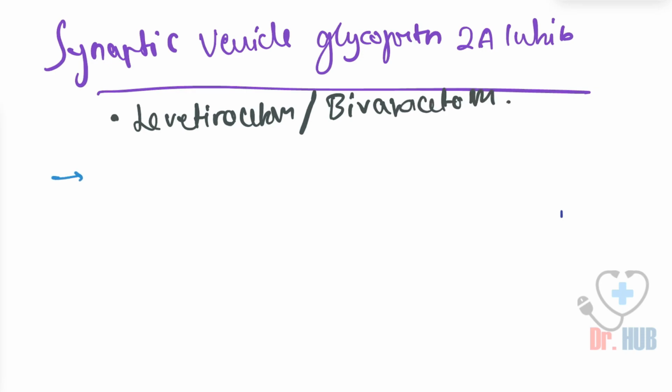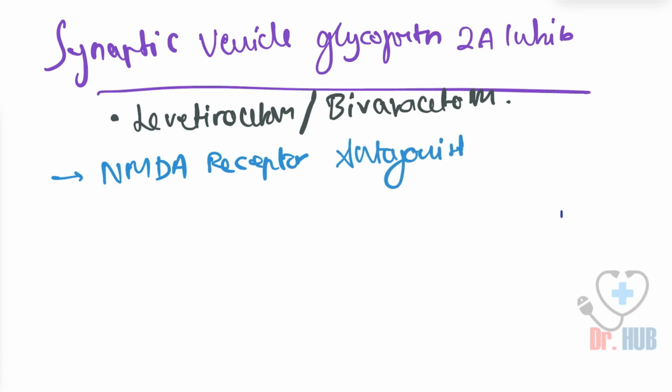Next what we see is the NMDA receptor antagonist. So under this NMDA receptor antagonist, it includes the felbamate.